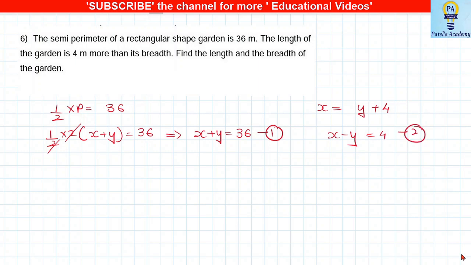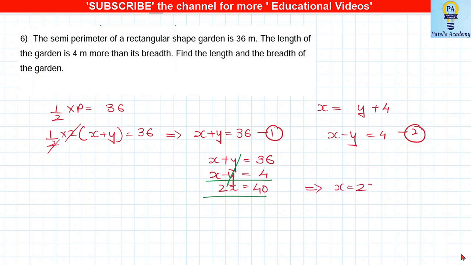Simple to solve? Yes. X plus y equal to 36. X minus y equal to 4. We have to simply add the equations. Y will cancel. 2x equals 40. X equals 20. So what is x? The length is 20. So let me substitute the value of x in the first equation.